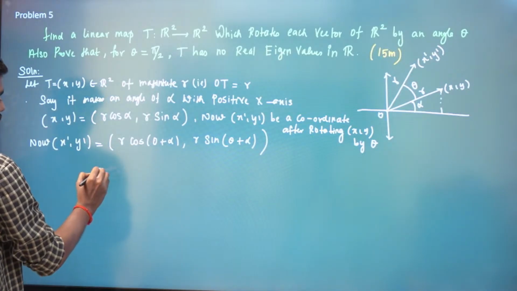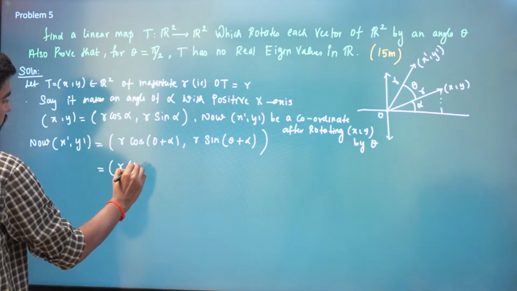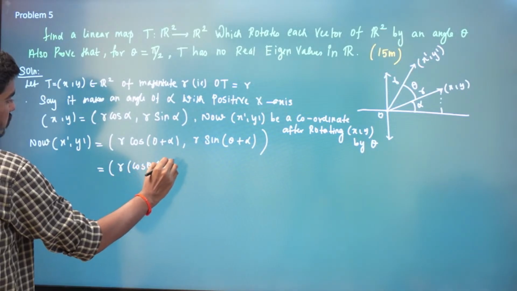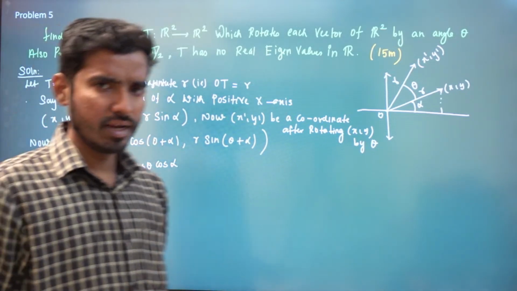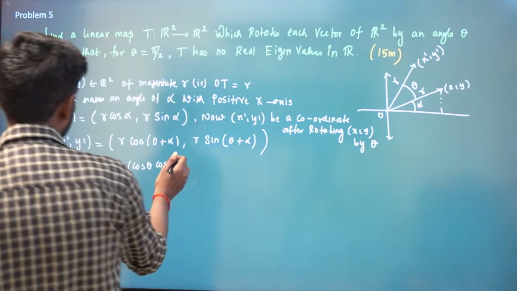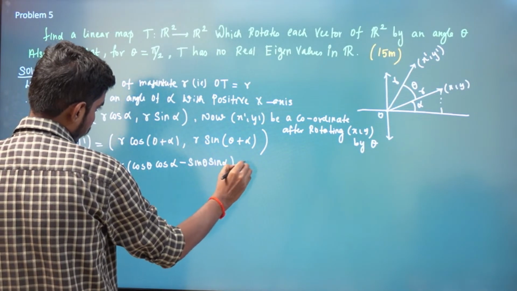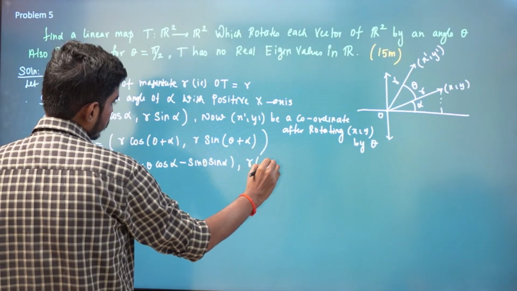Now what is cos a plus b? Cos a cos b minus sin a sin b, right? What is sin a plus b?